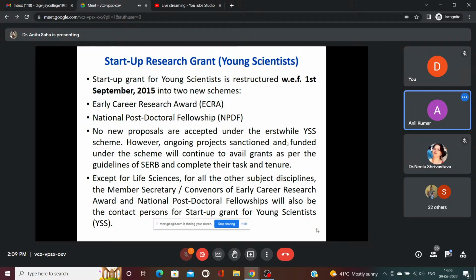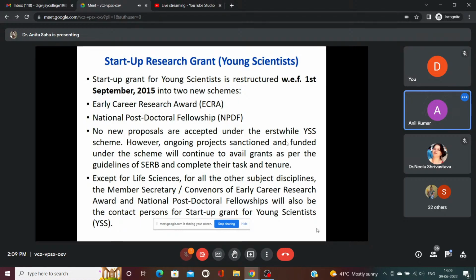Try to publish 1 or 2, 3 research publications, and with the support of research publications, prepare your research proposal and then submit to either the DST or the SERB or any other funding agency for the grant. They will evaluate you, and definitely after evaluation, they will support you.